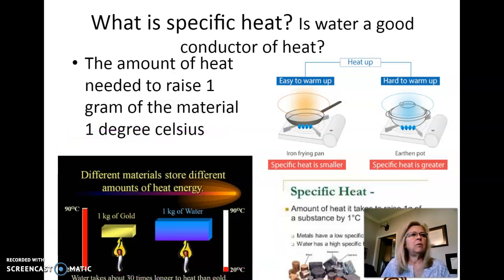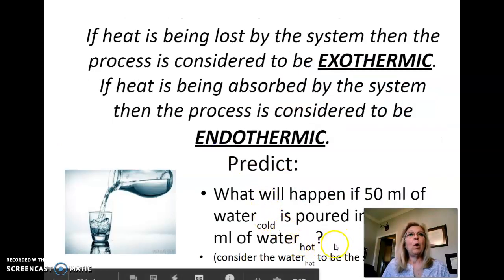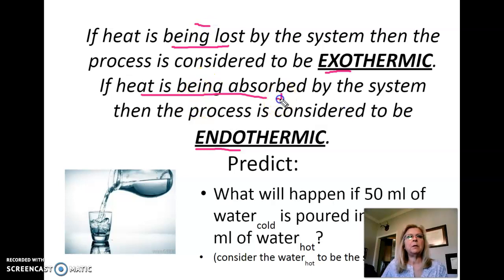Okay, let's move along to remembering endothermic and exothermic. Please remember that if heat is being lost by the system, that's going to be exothermic. And if heat is being absorbed by the system, that's going to be endothermic. We've talked about how if heat is lost, that is a negative number, and if heat is absorbed, that is a positive number.